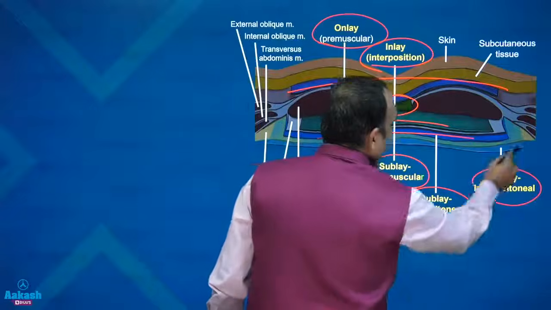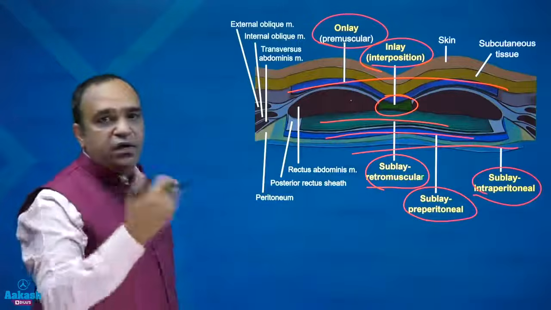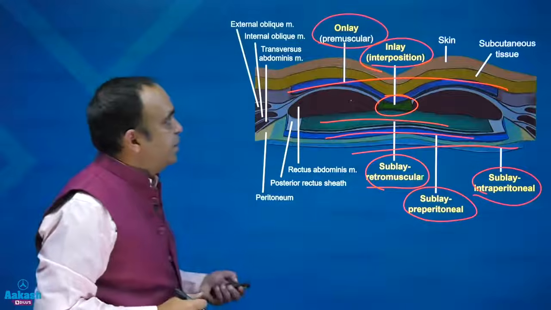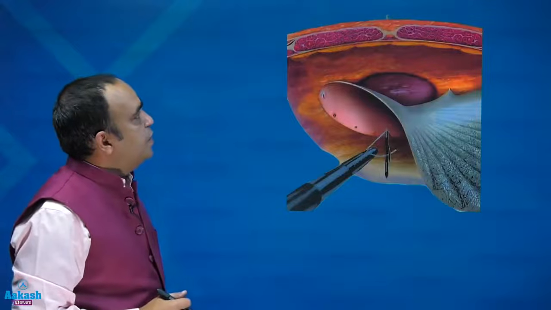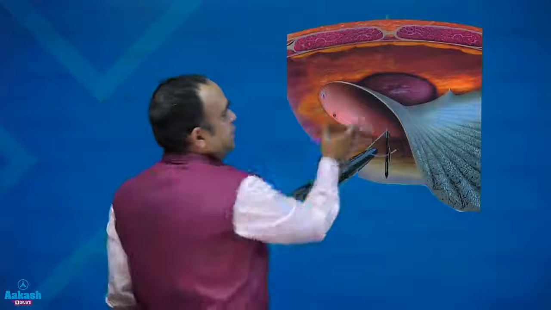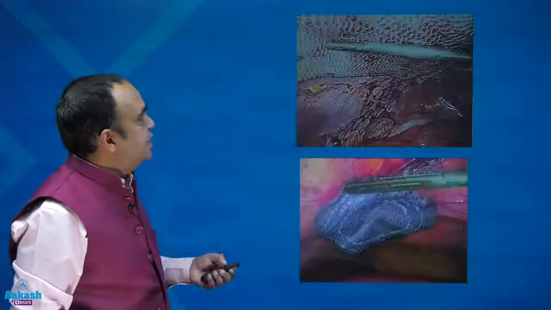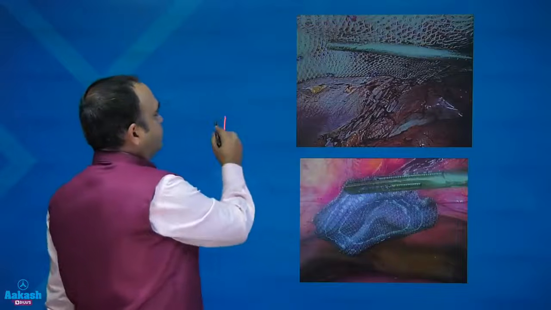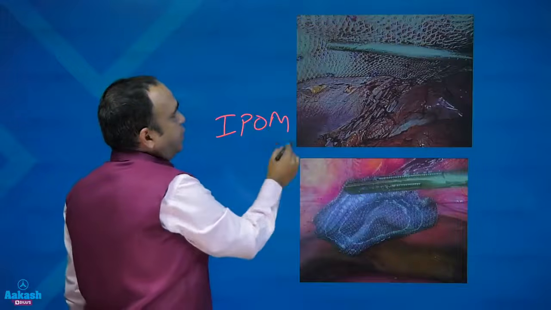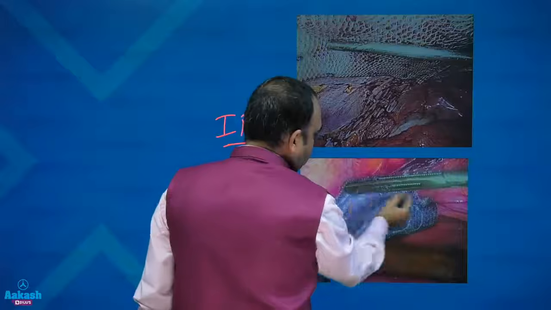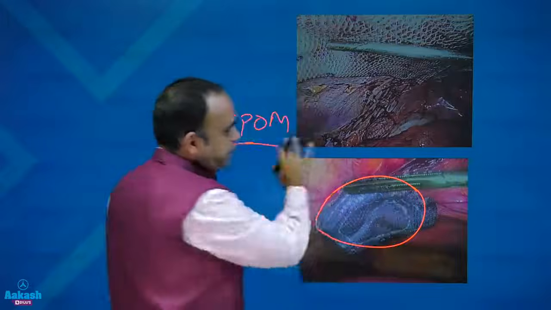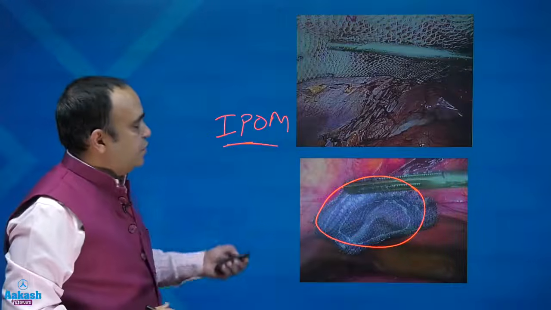And sublay intraperitoneal, that is IPOM, which is inside the peritoneum, right? That's the IPOM. View from inside, we are placing the mesh, that's a defect, and we are covering it with the mesh from inside. That's a laparoscopic IPOM, right? As you can see here, the defect is behind it, we have completely covered it with the mesh.